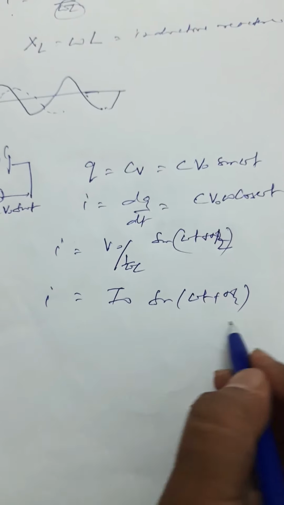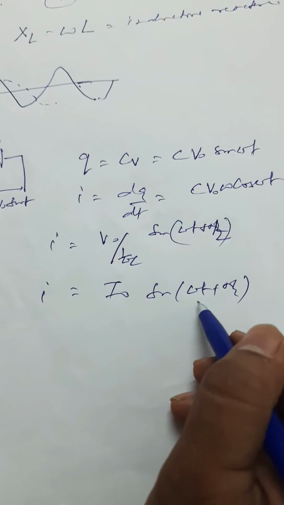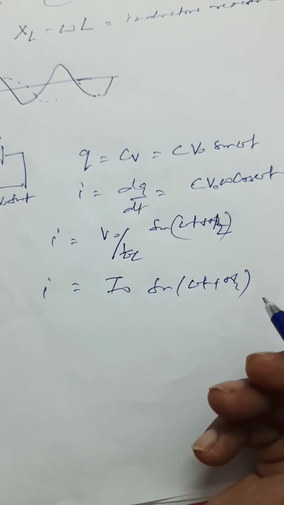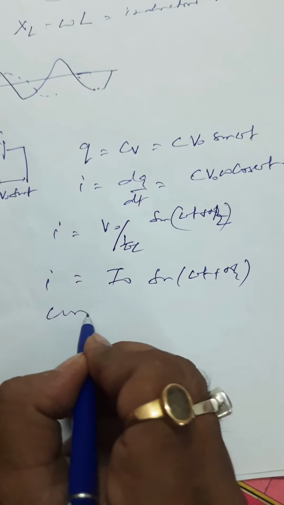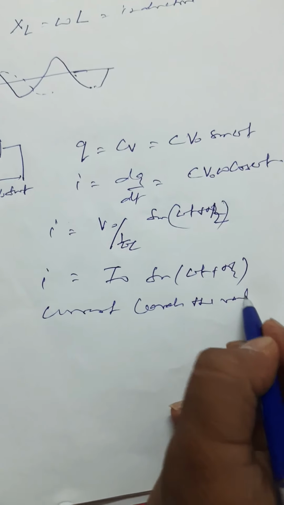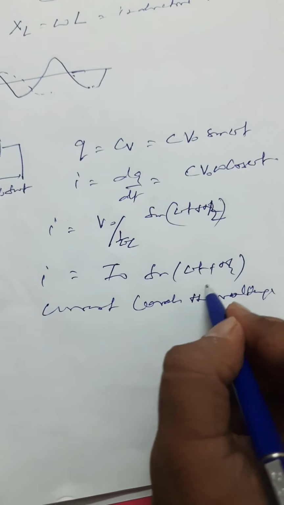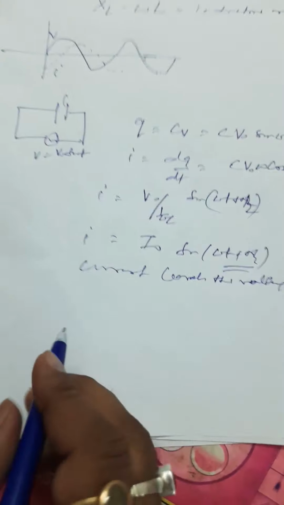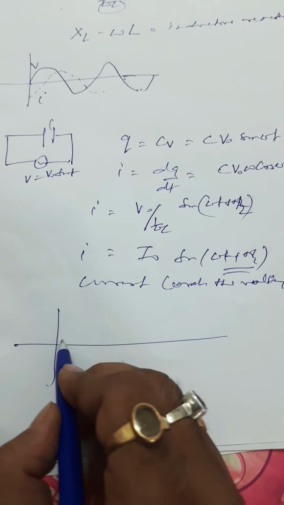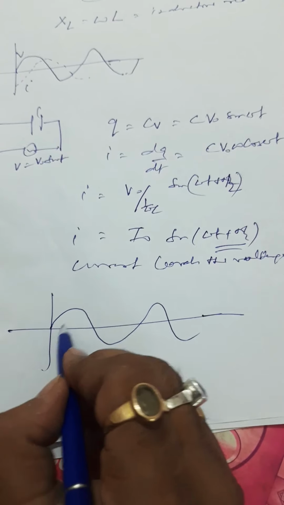What we can find over here is that in this particular case, the current leads the voltage by 90 degree. The current leads the voltage. If you draw the phasor diagram, it is the sinusoidal diagram.